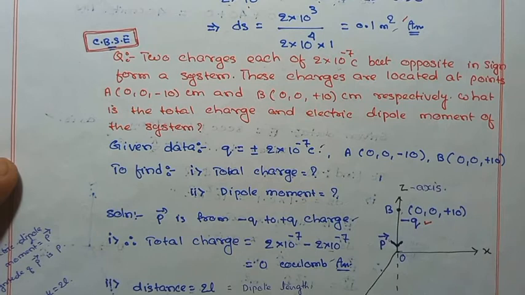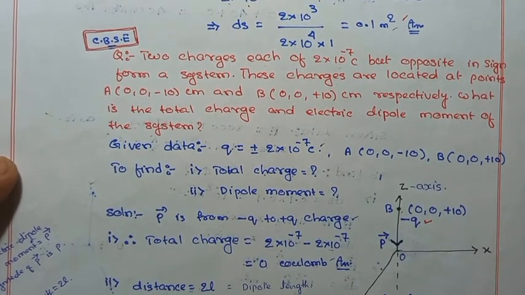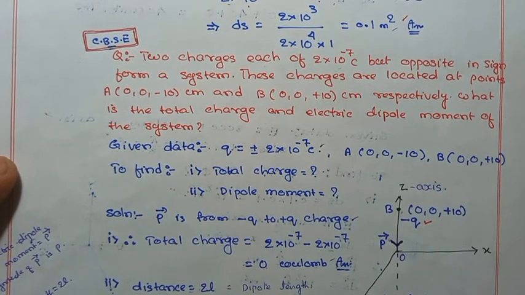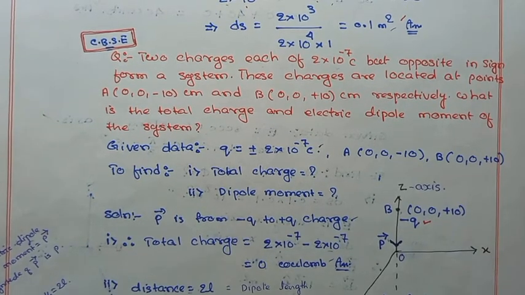Two charges each of 2 into 10 to the power minus 7 coulomb but opposite in sign form a system. These charges are located at points A (0, 0, minus 10 cm) and B (0, 0, plus 10 cm) respectively. What is the total charge and electric dipole moment of this system? In this question, two charges are given.